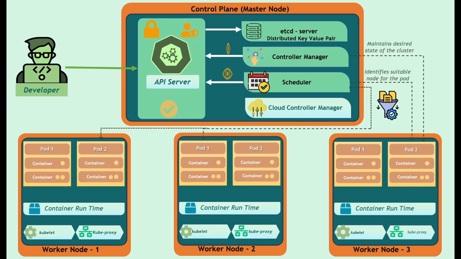It performs certain checks. It checks whether the nodes have resource availability or not. It checks whether a node has enough CPU or memory for the pod to run. It checks other constraints like taints and tolerations, node selectors, affinity and anti-affinity rules, resource quotas and limits.